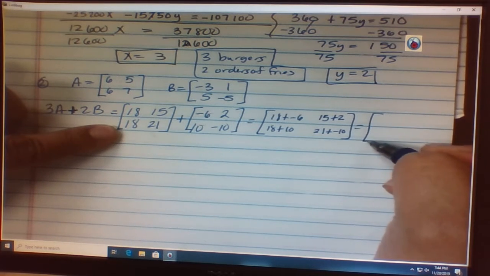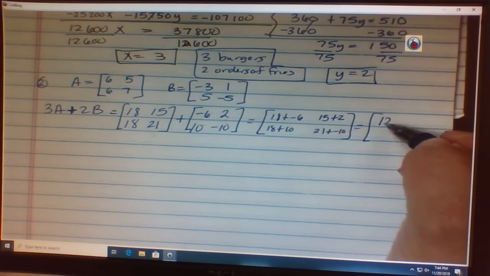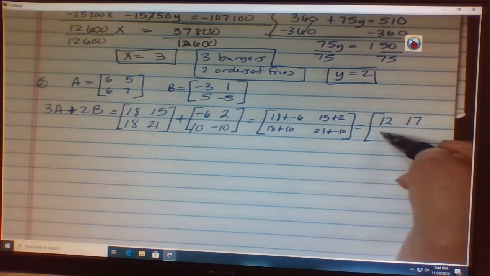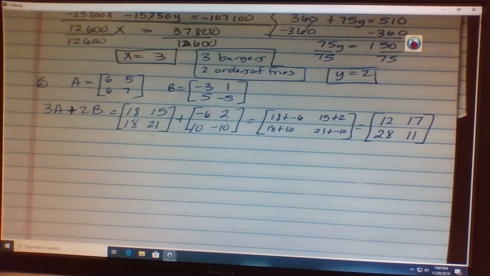So my answer would be 12, 17, 28, and 11. Do you remember how to do this from 6.4? Was this something we covered? Yes. Right?